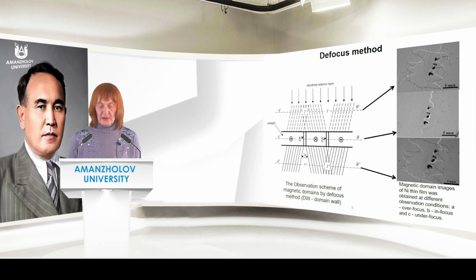White and black rows show magnetic domain boundaries where excess, collecting domain walls, and lack, divergent domain walls, of intensity are formed respectively.